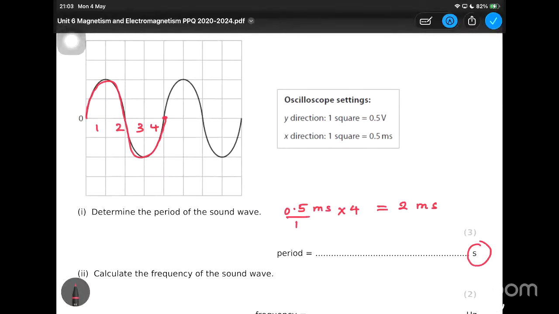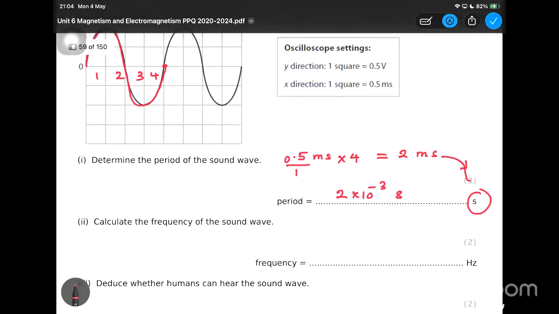But they are asking in seconds, so you need to convert milliseconds into seconds. You need to multiply by 10 to the power minus 3, or just divide by 1000.